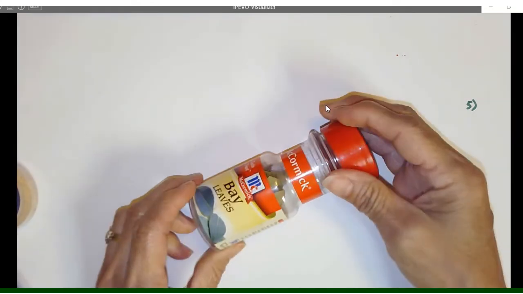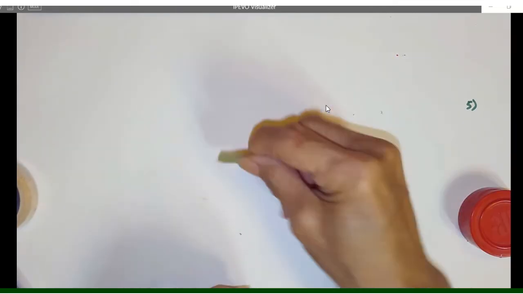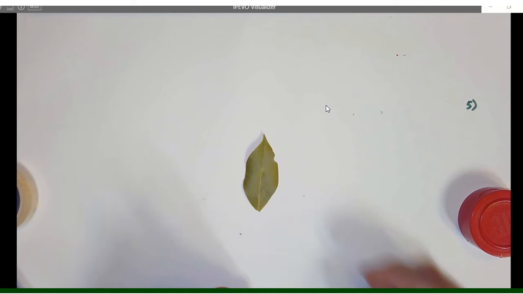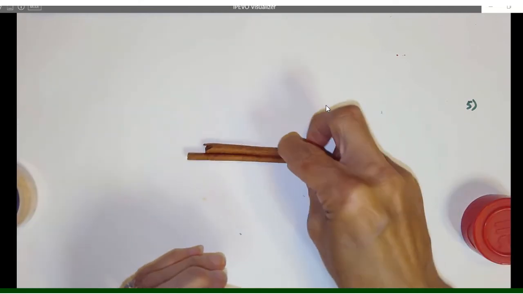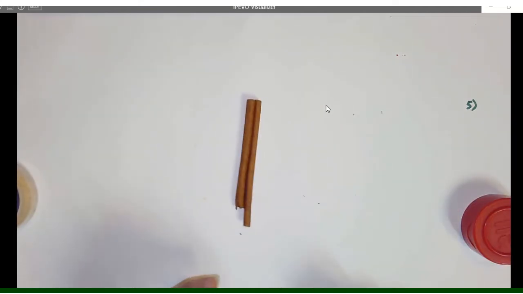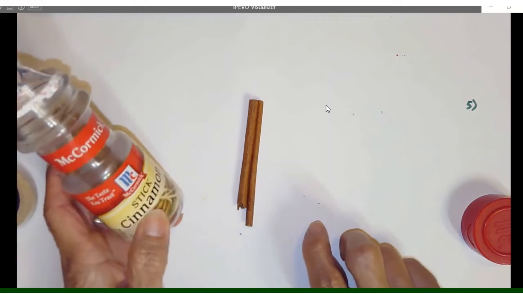This right here is called a bay leaf. It's an actual leaf, and you put it in your food and you cook with it, and it flavors it. This could be considered a spice that probably was very, very expensive. If any of you are familiar with it, it's cinnamon. This is a cinnamon stick.